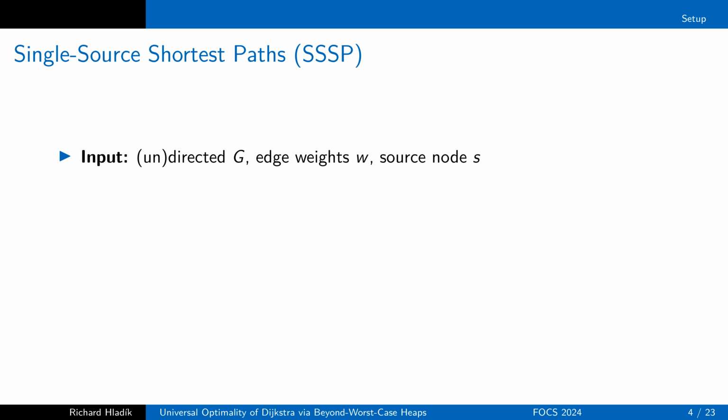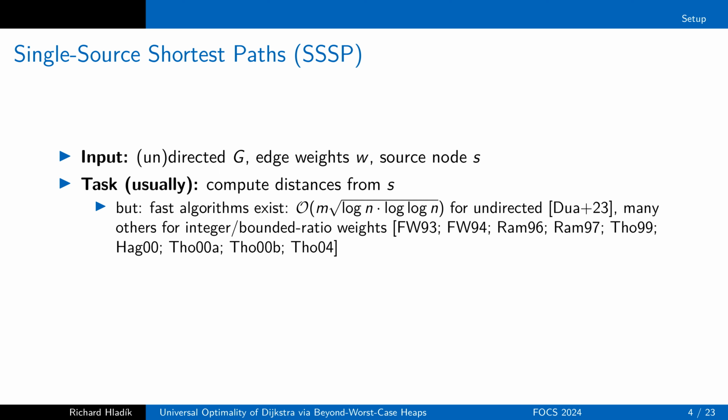So, we are solving the single source shortest path problem. On the input we have some graph, some weights and a source node. And now the question that we should answer first is, what goal are we even solving? What is the task? Usually, the task is to compute the shortest path distances into all vertices.